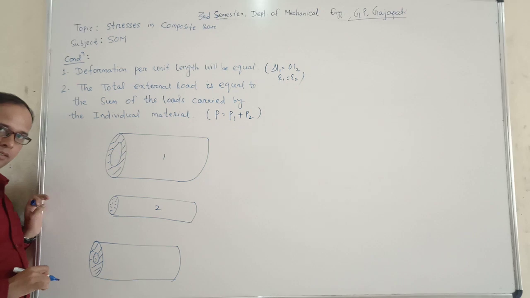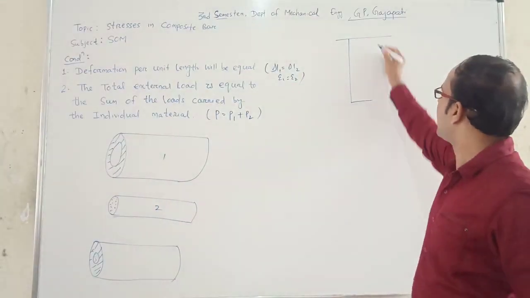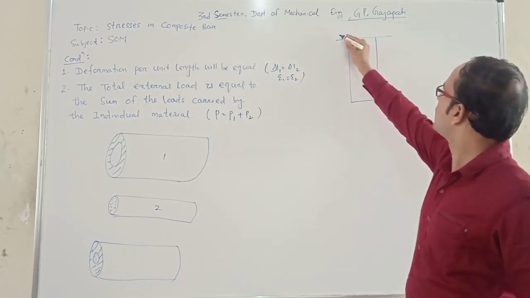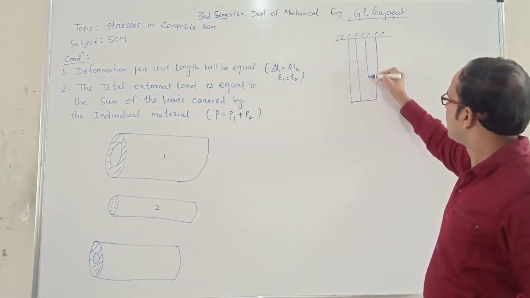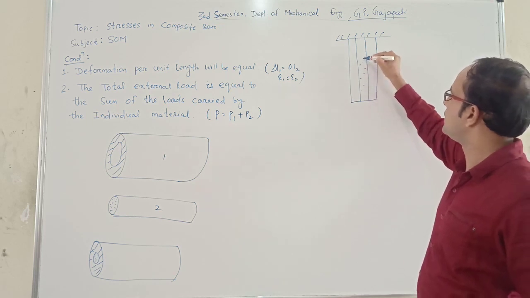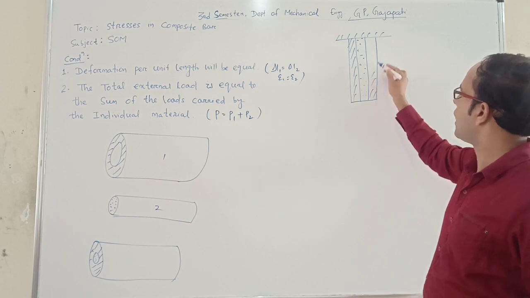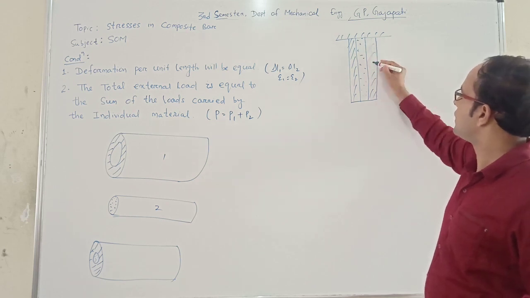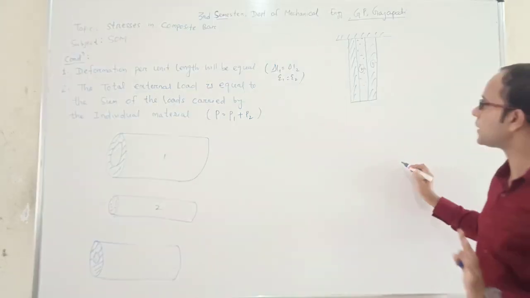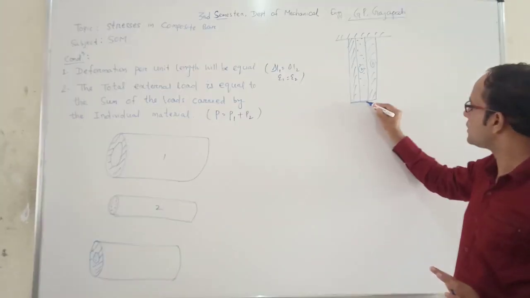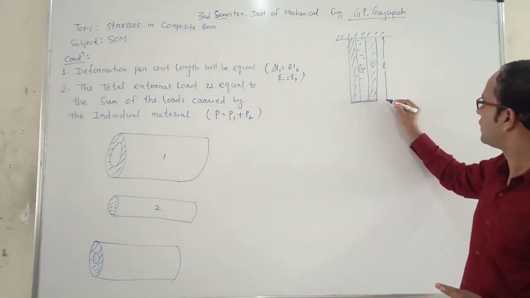After putting this cylinder inside, I get this. Let me hang it by this support. This is the inner cylinder and this is the outer cylinder. This is material number 1 and this is material number 2. Now I join these two. Let the length be L.